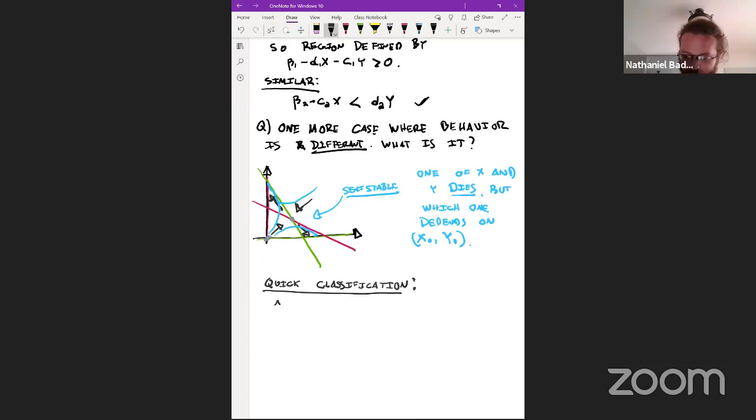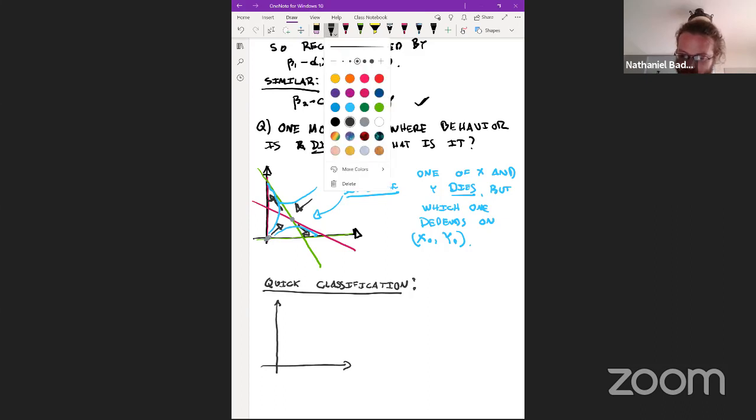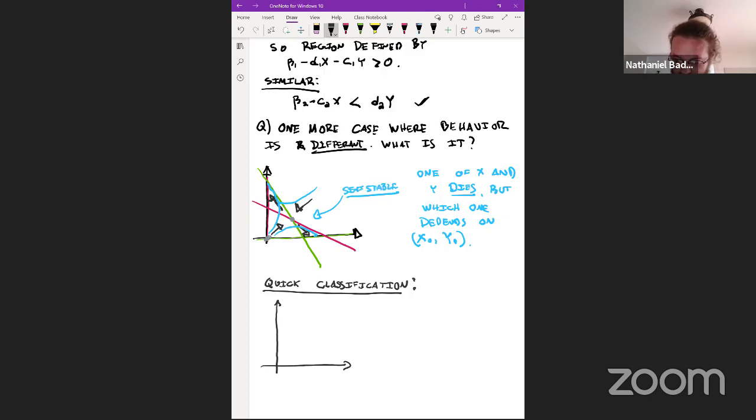And so here's a quick classification. We're going to have some lines, and they are going to cross somewhere, right? So we have two lines.